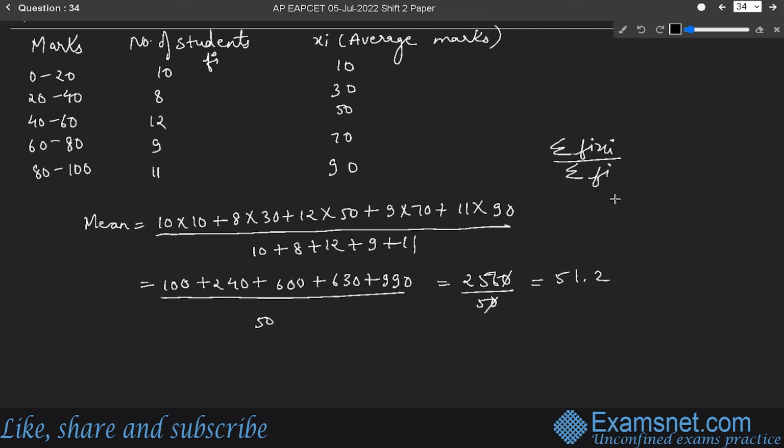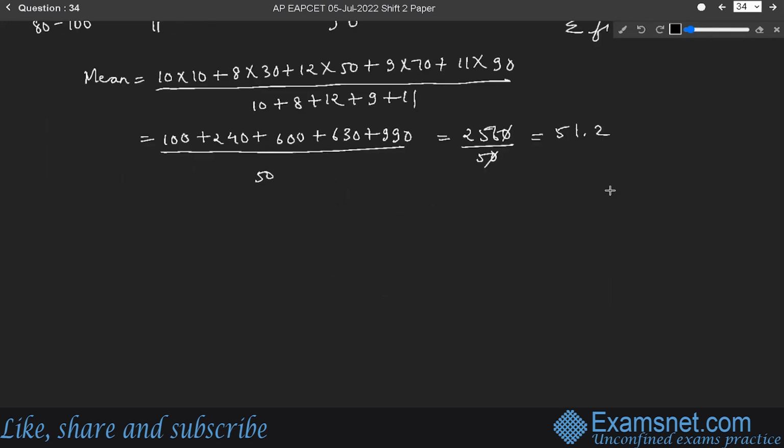This is the mean. Now we have to calculate the mean deviation. So mean deviation will be equal to 10 into modulus of 10 minus 51.2. We know that mean deviation is the summation of modulus of xi minus x bar, plus 8 into modulus of 30 minus 51.2.